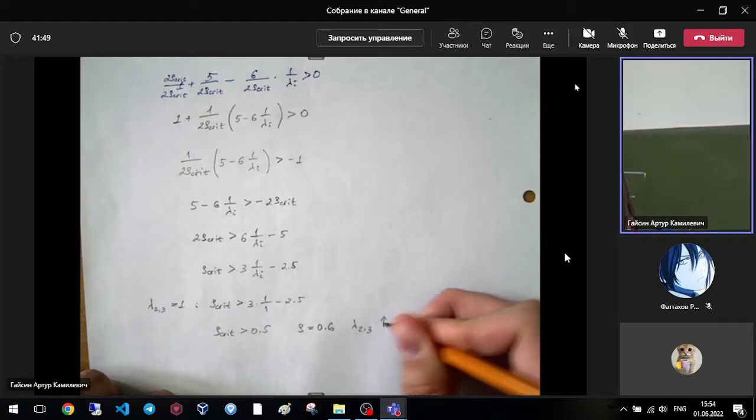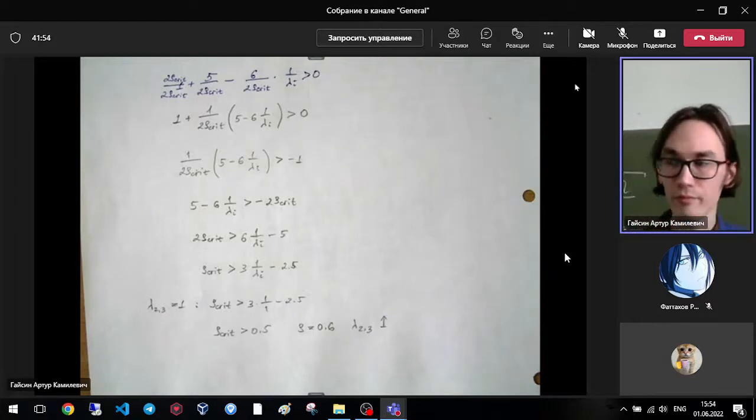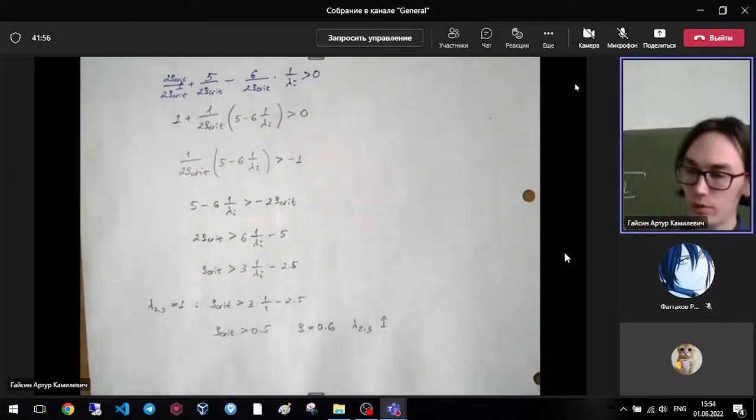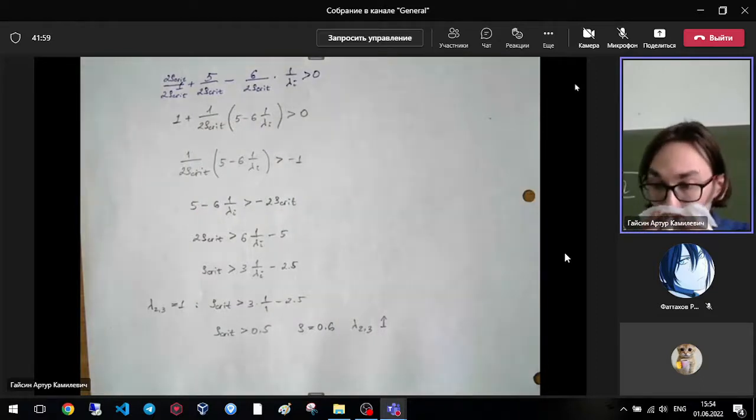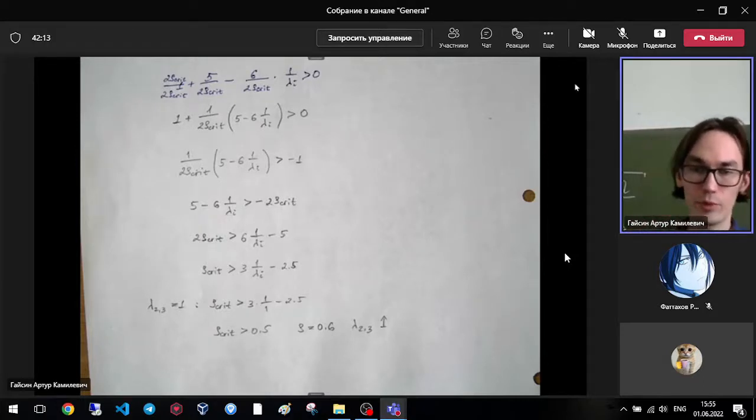Maybe let's show it as we said. I think you can do it in a more elegant way, but the main thing here is that rho critical is equal to 0.5. So if rho is more than 0.5, we turn on our two additional streams. If it is less than or equal to 0.5, we will switch it off.